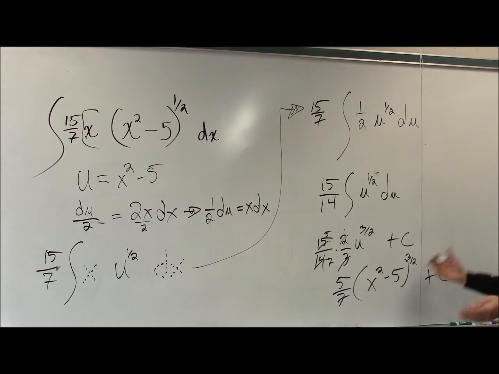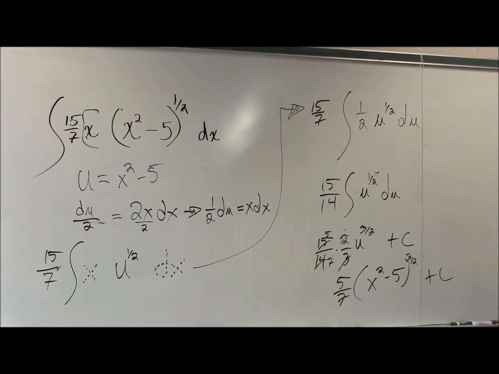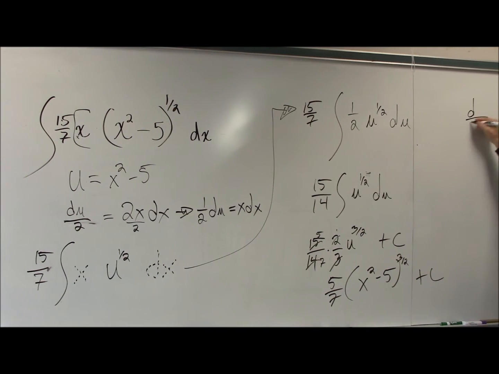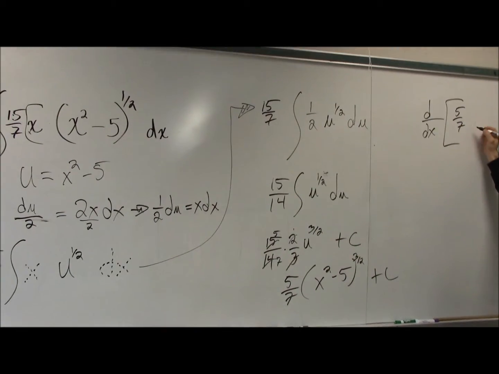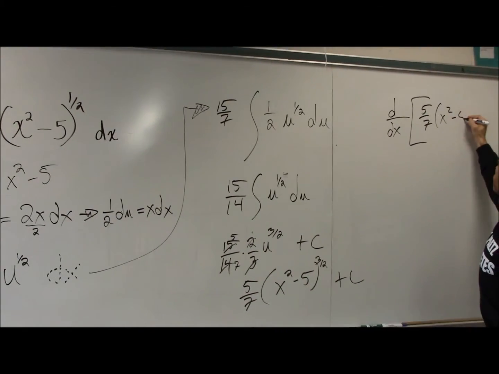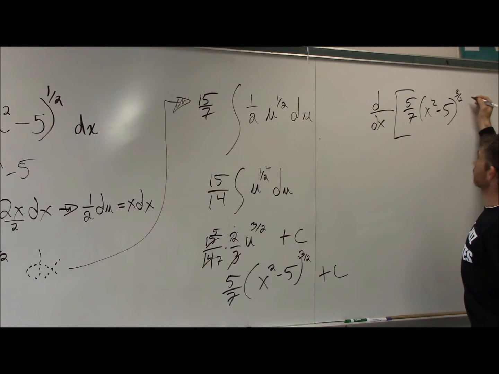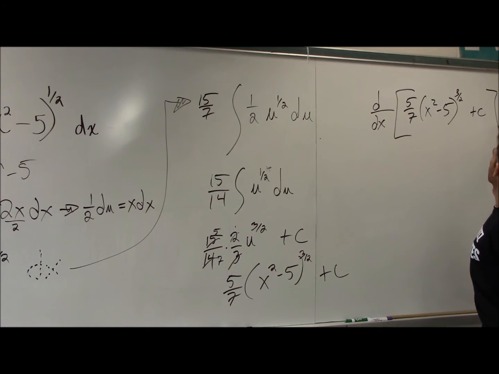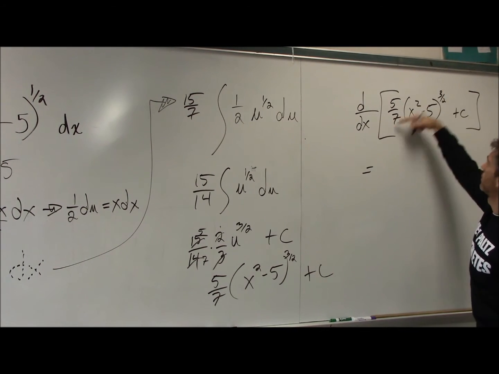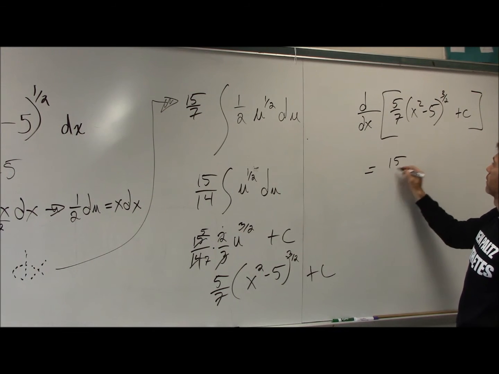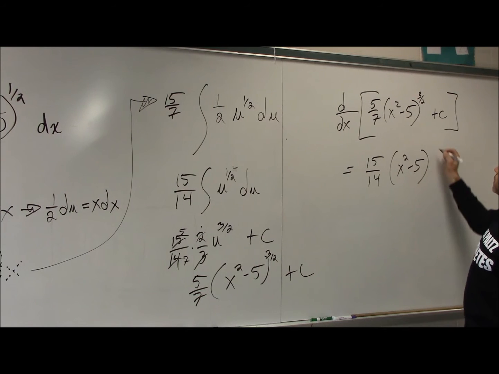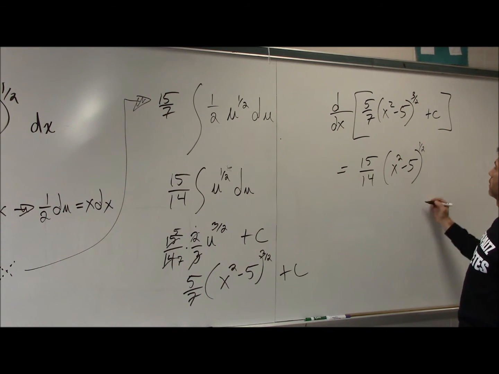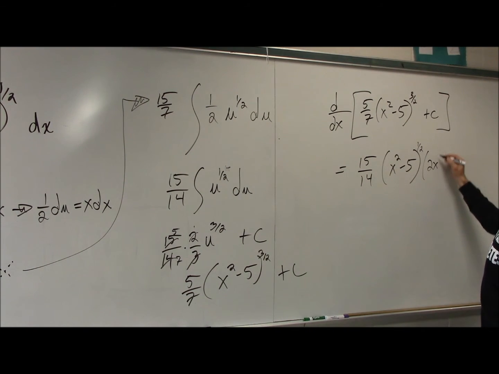And of course, you could always take its derivative and make sure it works. So the derivative of that stuff is multiply down the 3/2, remain unchanged, subtract 1, times the derivative of the stuff inside.